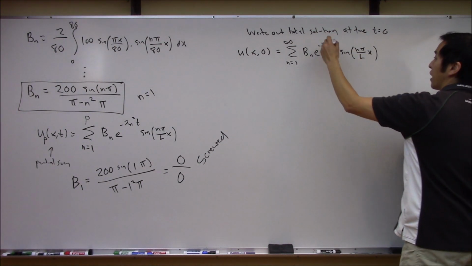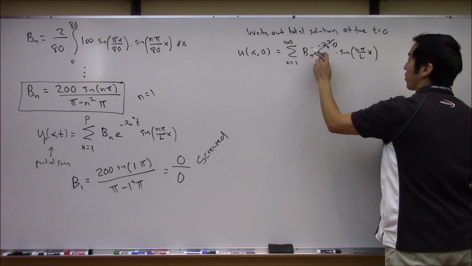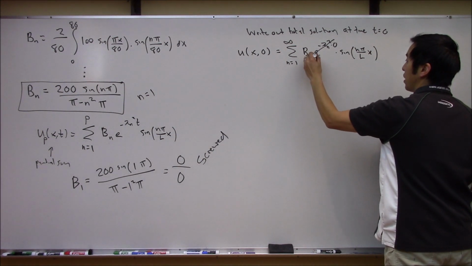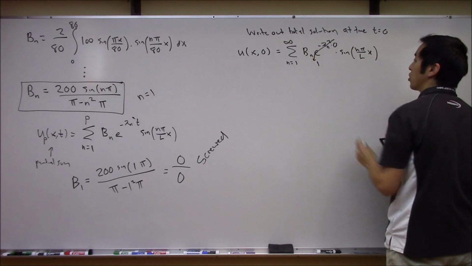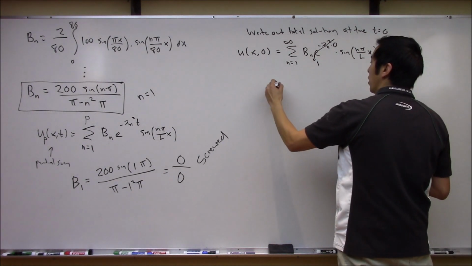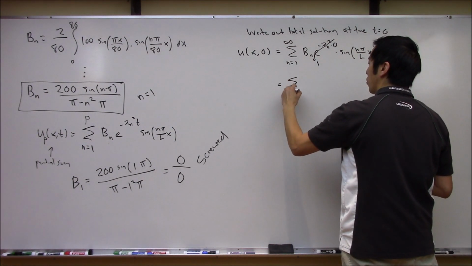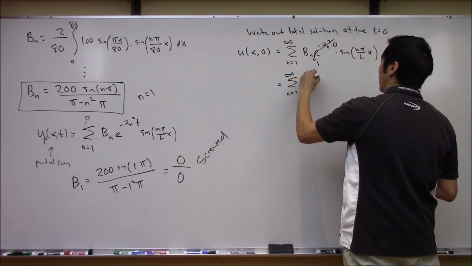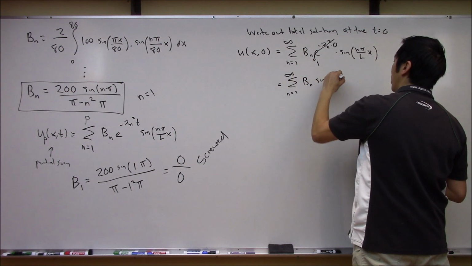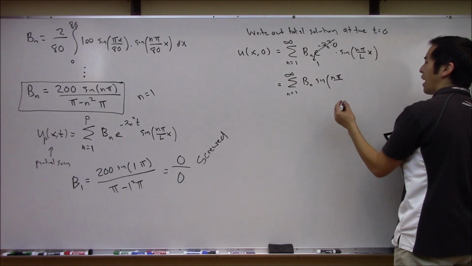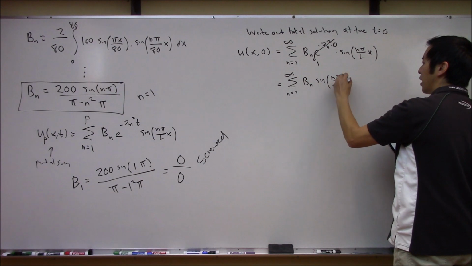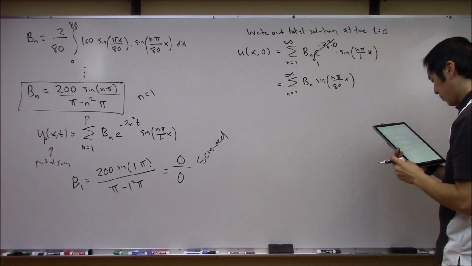Sorry, I didn't try to calculate the b, I'm trying to just get the exponent. The exponent just goes to 1 here. So this thing becomes the summation from n equals 1 to infinity of Bn sine of n pi over, what was L in this case? I think it was 80, 80 centimeters.